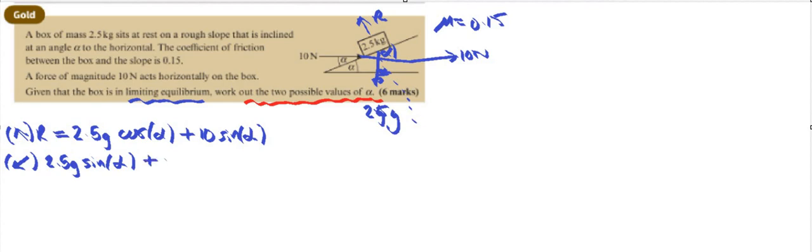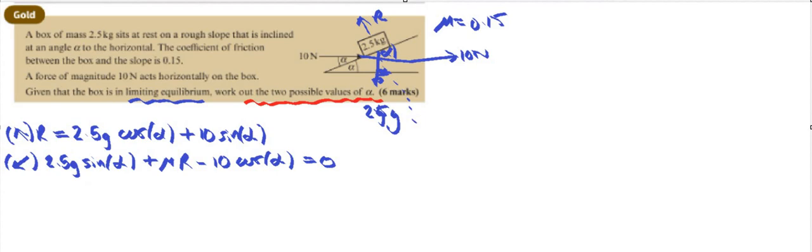Also, we're going to put friction as going down because it's acting in the opposite direction to the force that's being applied. So now we're going to do minus 10 because 10 is going up. And that's at an angle of cos alpha. And it's in limiting equilibrium, so the acceleration is 0, so the right-hand side of our equation is 0.